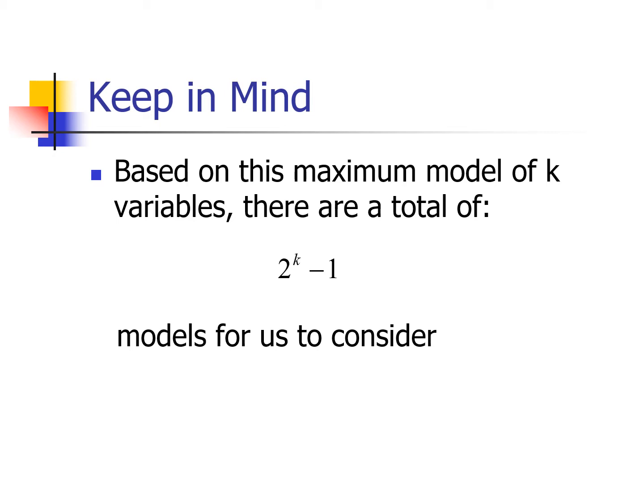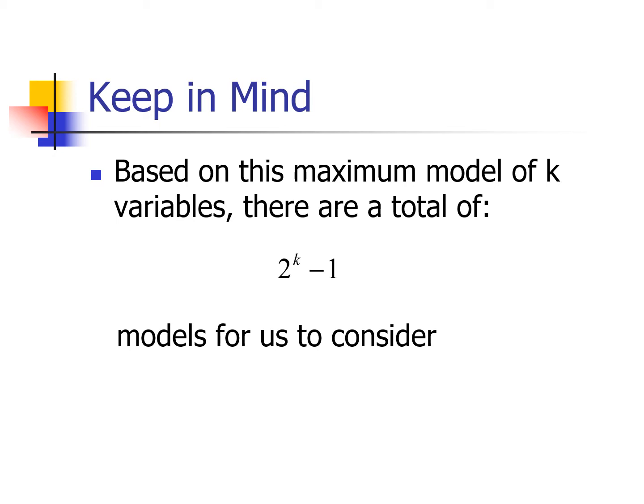Turns out it's 2 to the power 10 minus 1, which is an awfully big number. Why 2 to the power k? Well, think about it. k is the number of variables. So the 2 is basically saying for any variable, that variable is either going to be in our model or not in our model.